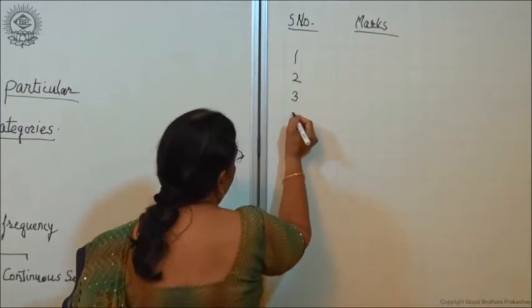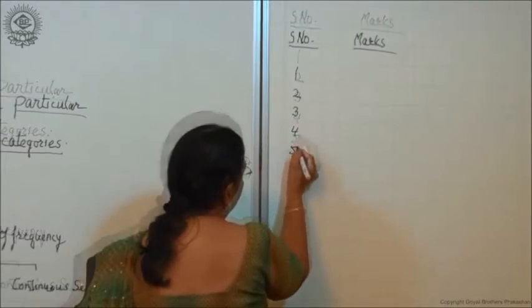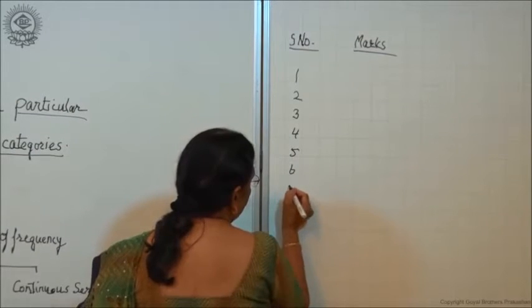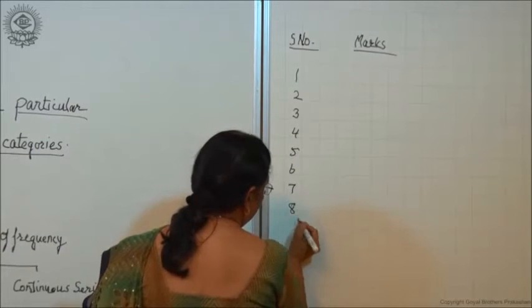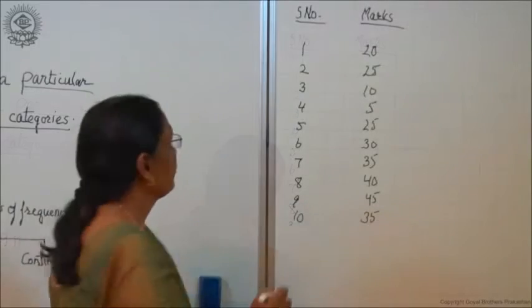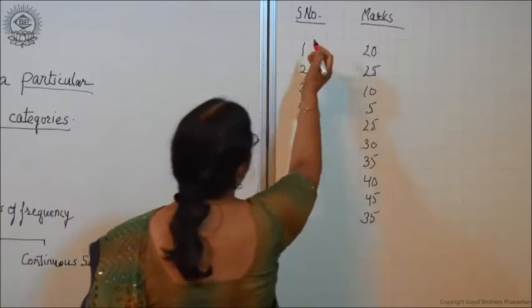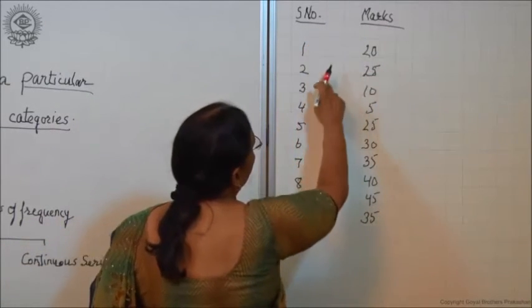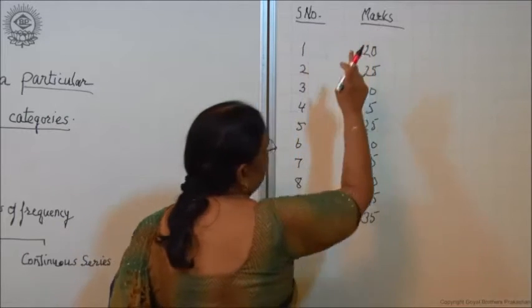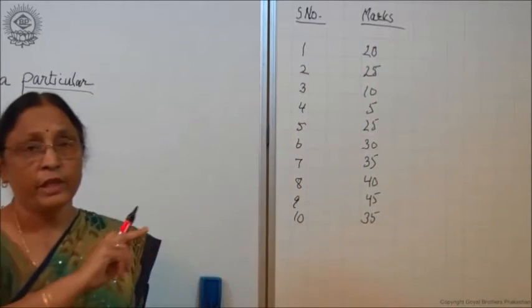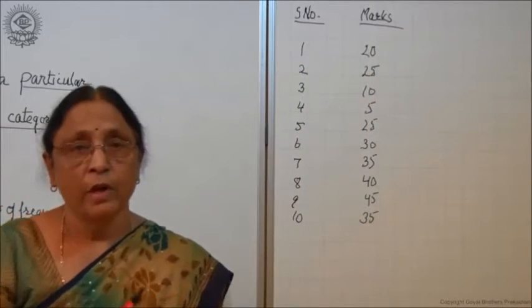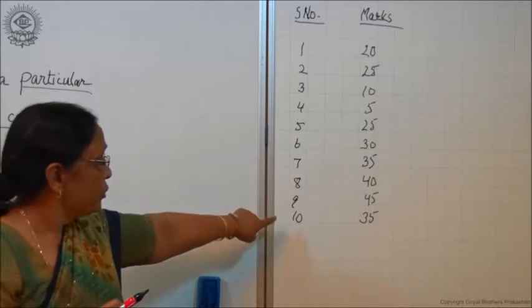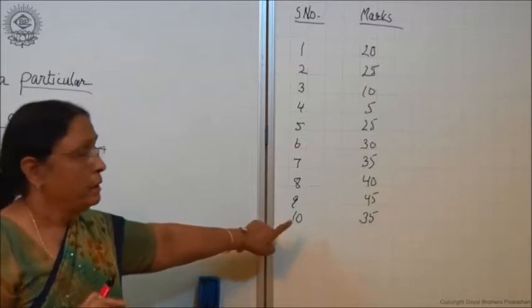Suppose there are 10 students in a class. Here I have made two columns, serial number and marks. For our example, I have taken the marks of 10 students scoring in a particular subject.